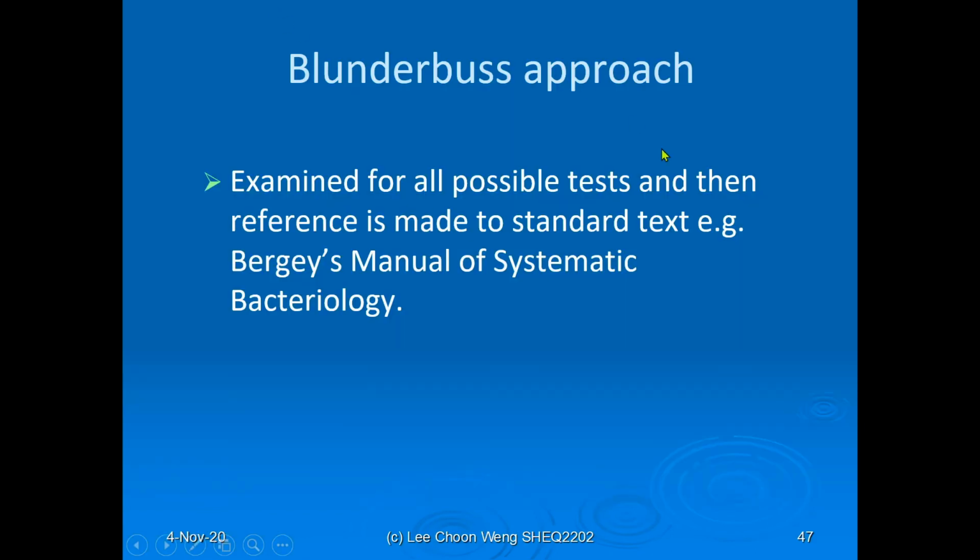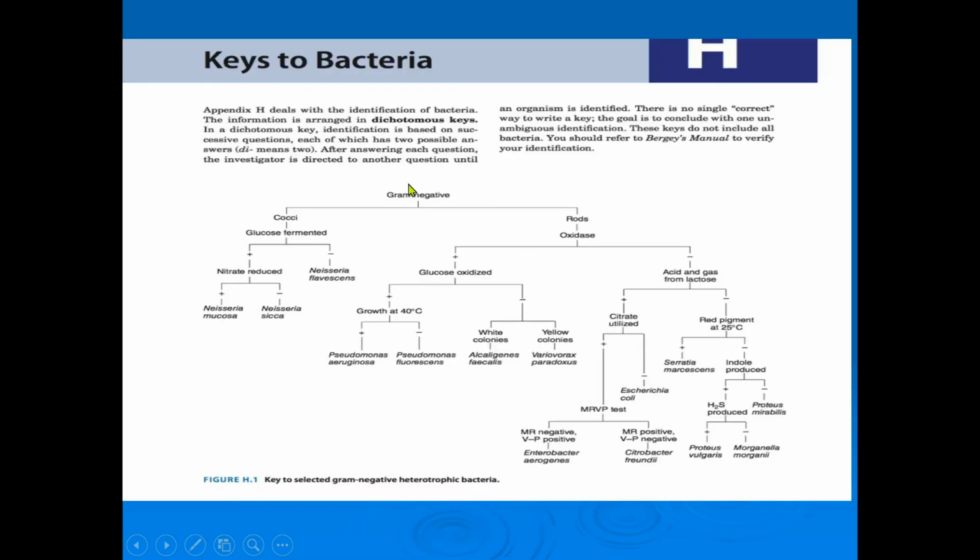For the blunderbuss approach, the approach is different. It's not sequential. What the blunderbuss approach does is you do all the possible tests, and then you compare the results of all your tests against a standard text. Example, Bergey's Manual of Systematic Bacteriology. So instead of doing sequential tests one by one, which also takes time because you need the bacteria to grow, what you do is you do all the tests together.